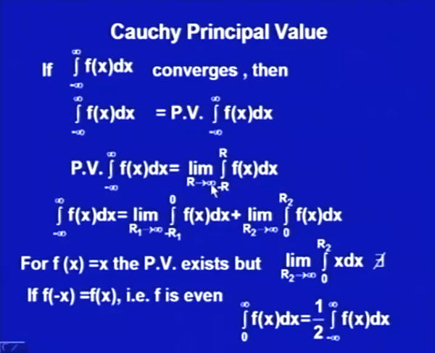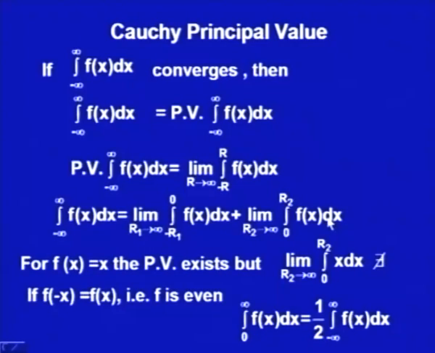And then as r is approaching to infinity, the limit of integral from 0 to r f(x) dx, that is similar to the second integral, is existing. So, Cauchy principal value existing for an even function simply says that in this definition of improper integral from minus infinity to plus infinity, this second limit is existing.